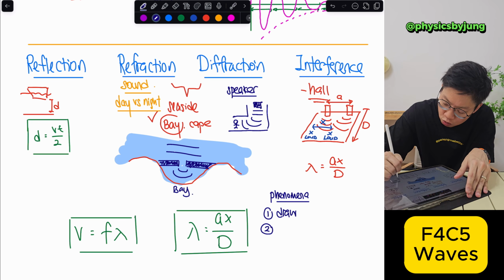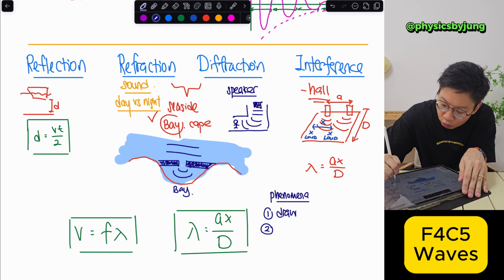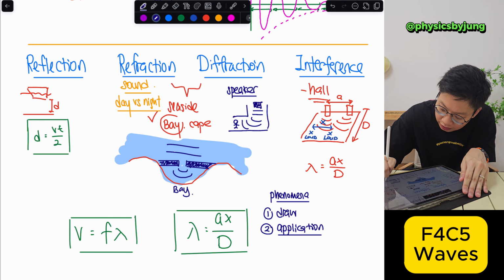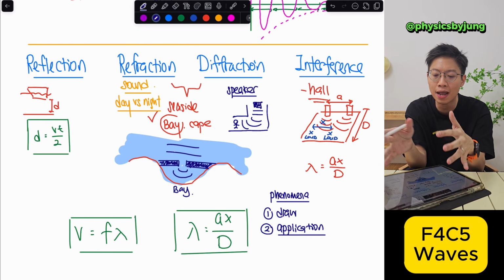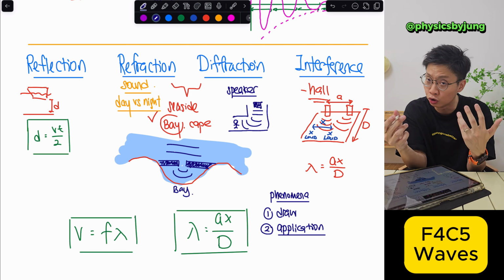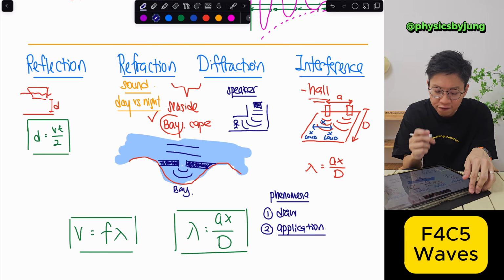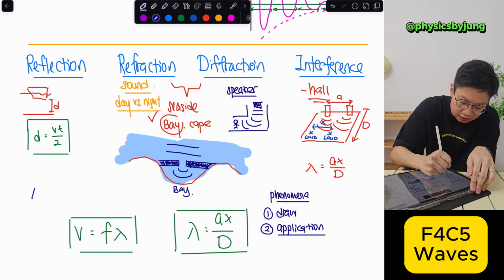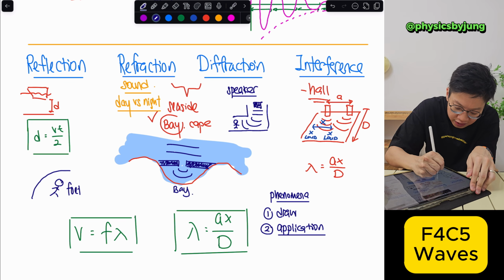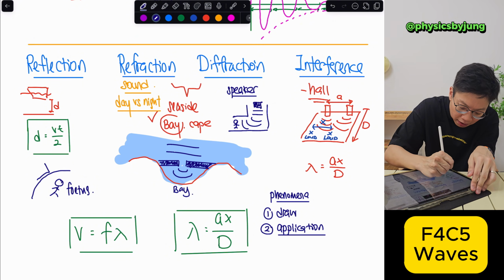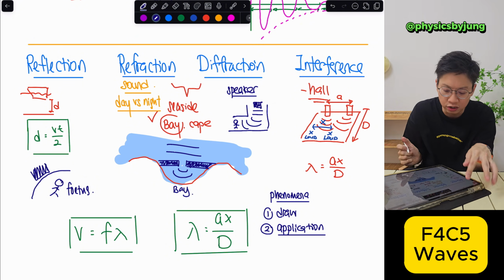Number two, do you know how the application works? As for the applications, I've already listed out a few which you should study, including for reflection, the fetal imaging, where you scan the fetus in the mother's stomach by using a transducer.